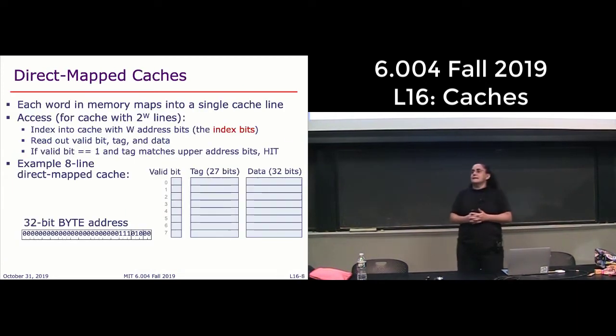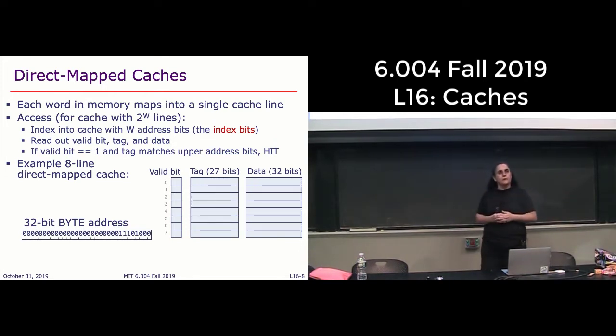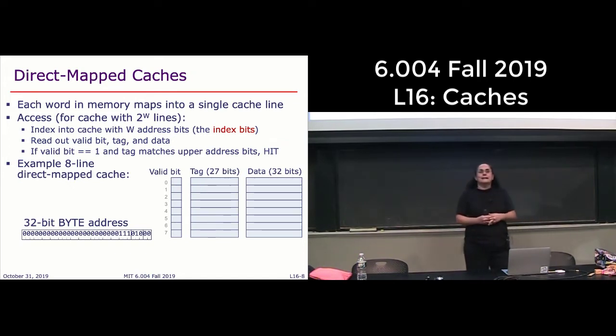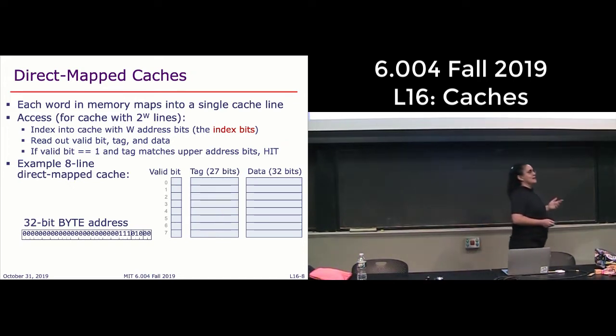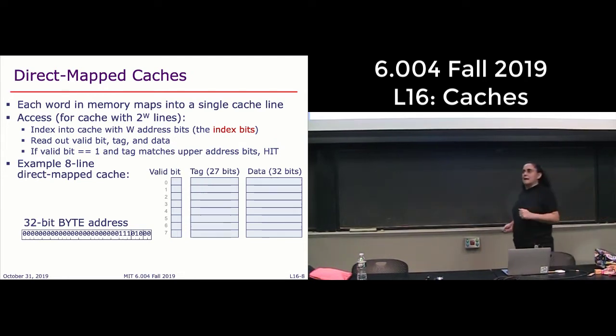So this brings us to the first and the most basic type of cache, which you should have seen in yesterday's recitation, but we're going to go over it again today. This is called a direct mapped cache. So how does a direct mapped cache work? The idea is that given a particular address, there's exactly one cache line that address can map to.